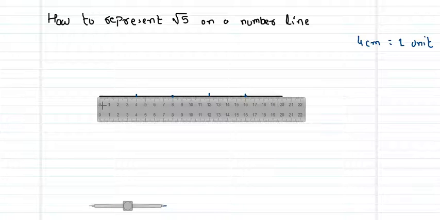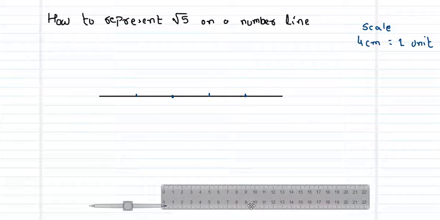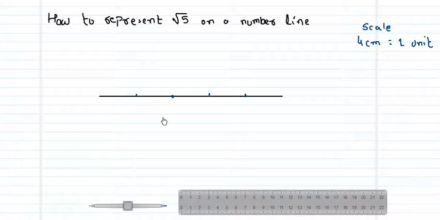So 1, 2, 3 and 4. For each 4 centimeter, our 1 centimeter will be there. This is called scale. Right? So now we don't want the scale for a short period of time, so we're going to put it back.